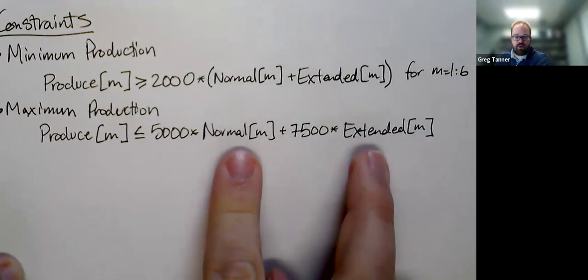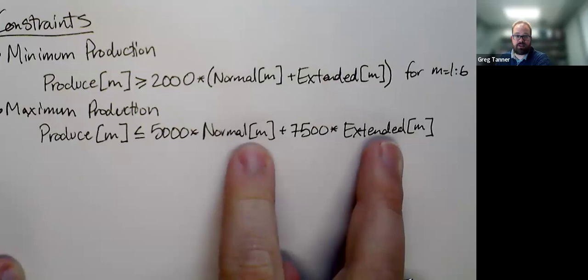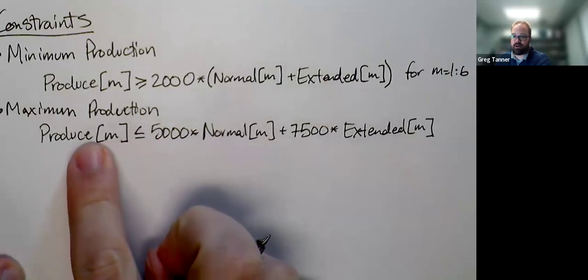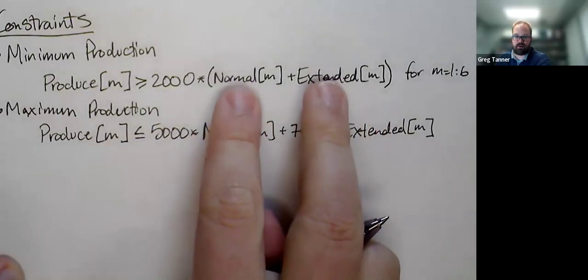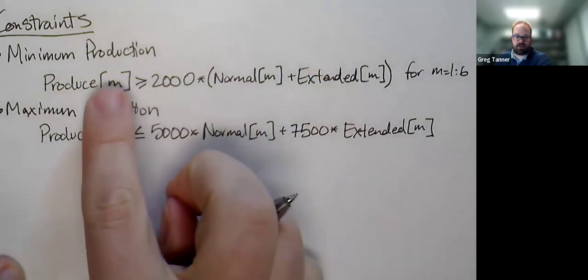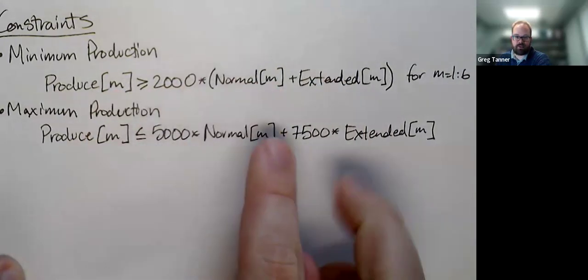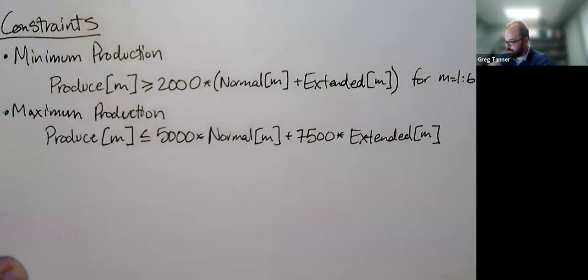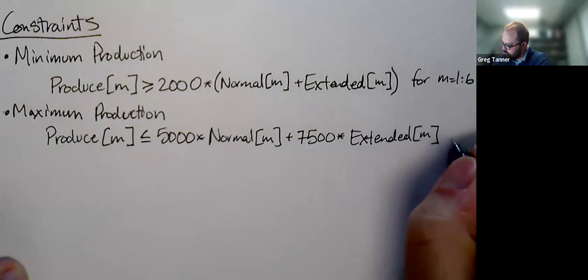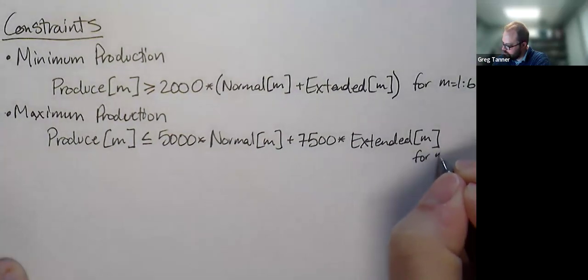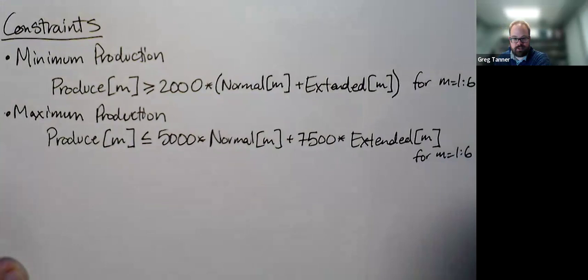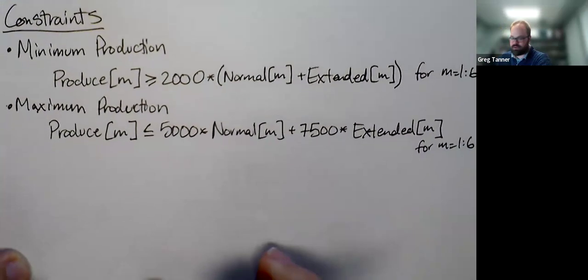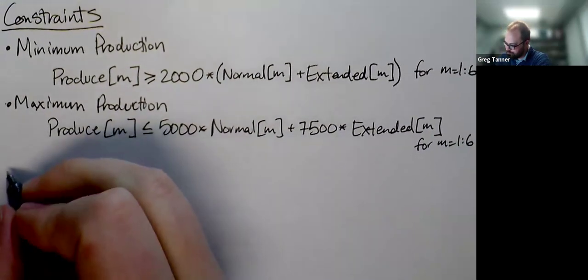Okay, and so if we do neither shift, then both of these are 0, and that forces production to be 0. Okay, and if both of these are 0 up here, then production is greater than or equal to 0, and this would force it to be equal to 0. And so if we do neither shift, we're forced to exactly make 0 product, which is what makes sense. And this is for m equals 1 through 6. Most of our constraints are going to have that m equals 1 to 6.